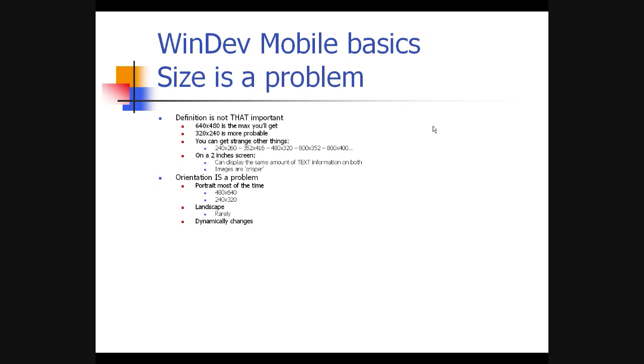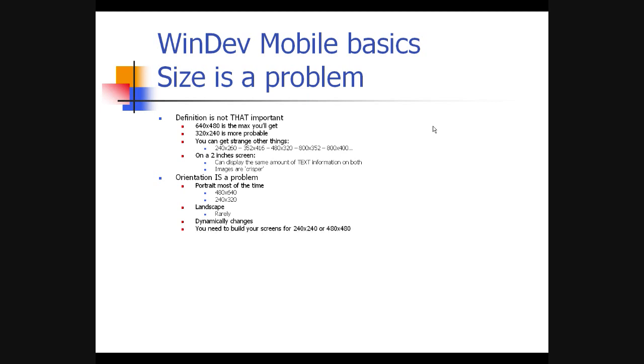So you need to deal with that. Worse, on some devices, the orientation of the windows changes as soon as you turn your device. There's a sensor in it, and it changes dynamically, really on the fly. So you need to be able to manage that.